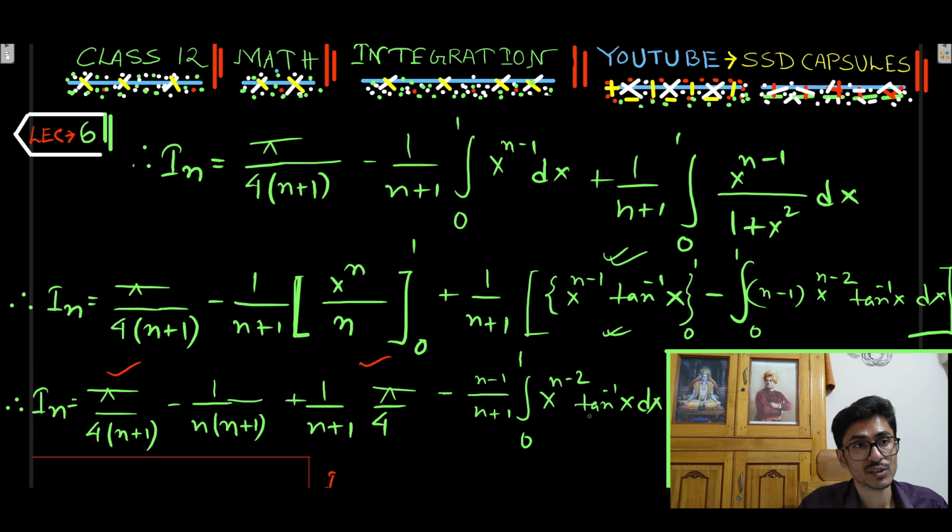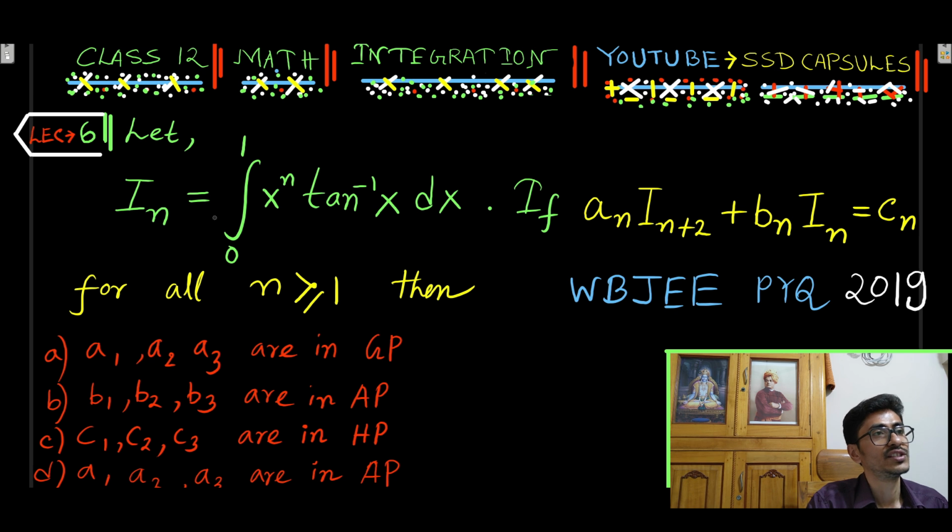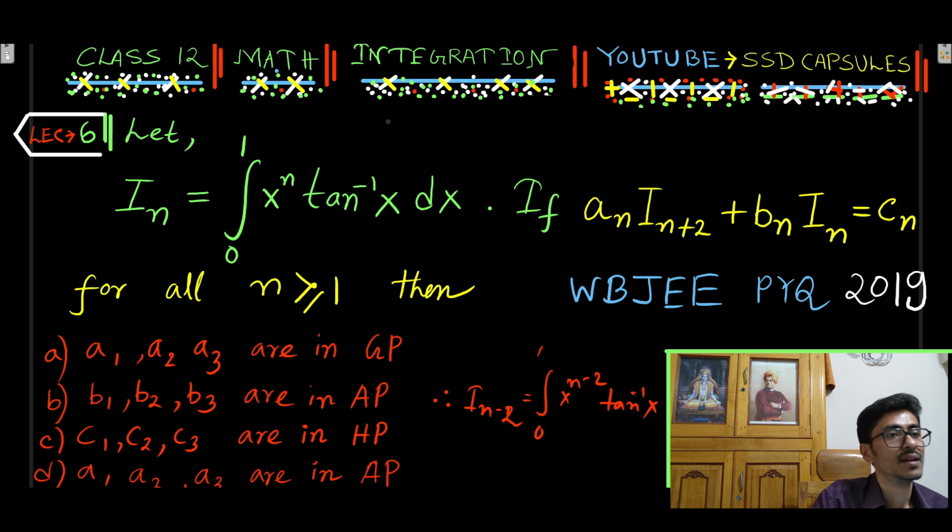Sorry, it is I_(n minus 2), because I_n is 0 to 1 x to the power n tan inverse x dx. Therefore, I_(n minus 2) equals integral 0 to 1 x to the power (n minus 2) tan inverse x dx. We just put n minus 2 in place of n.